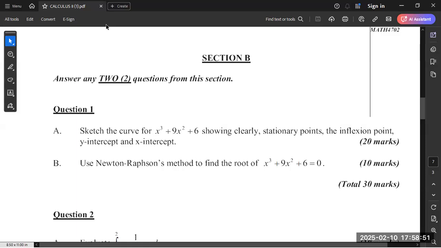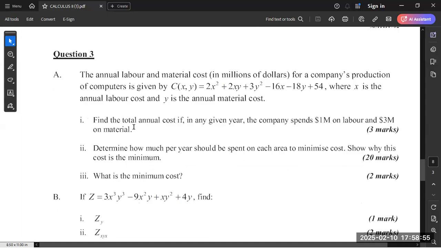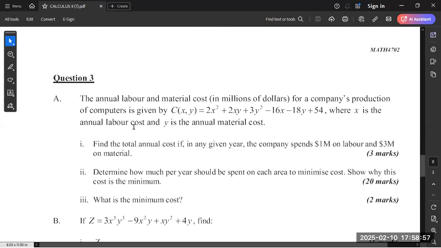And that is like question 3. Scroll up for question 3 for me, please, Terry. So this one says the annual labor cost of materials in millions of dollars for a company's production of computers is given by C of x, y equals 2x cubed plus all of that, where the annual labor cost is that and the annual material cost is that. That's a question on stationary points.